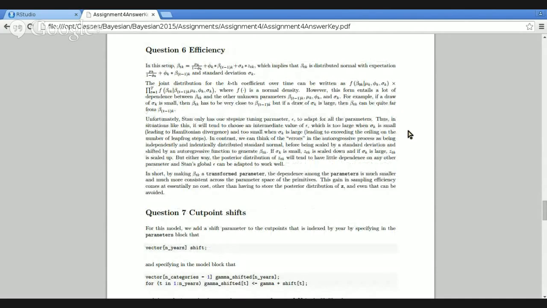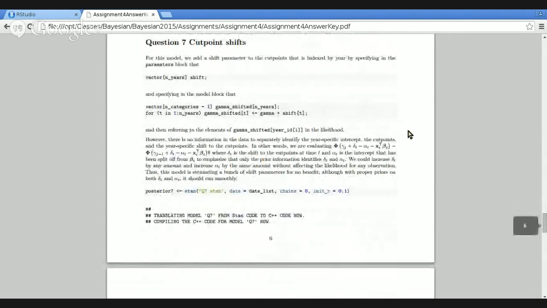Then question 7, I intended to be a trick question, but I may have tricked myself. What I thought would have been the case was that adding these shifts wouldn't really do anything of substance, because in this ordinal model, there's nothing in the data to separately identify the intercept, all the cut points, and the cut point shift.